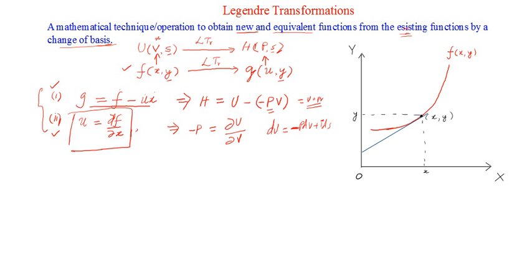Just take it for granted that this is a tangent. Now, this tangent has got a slope, right? You know, the slope is represented by what is known as tan theta at this particular point.